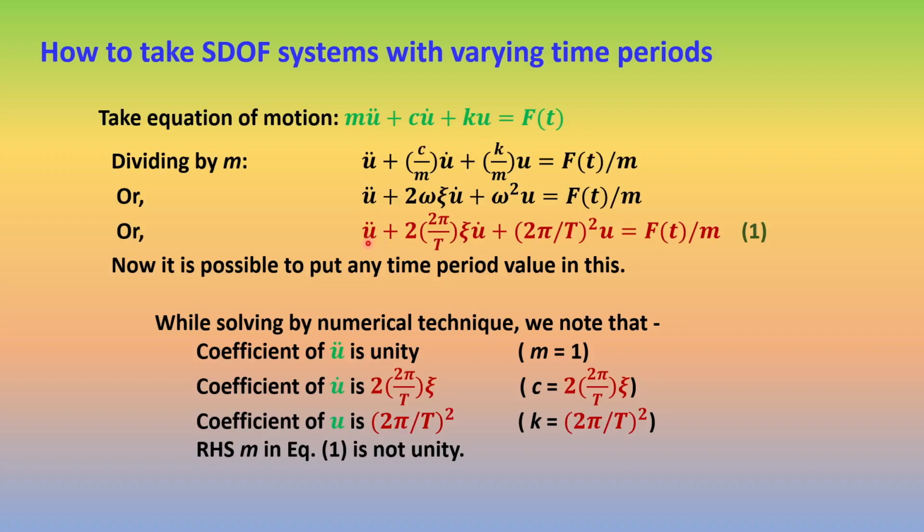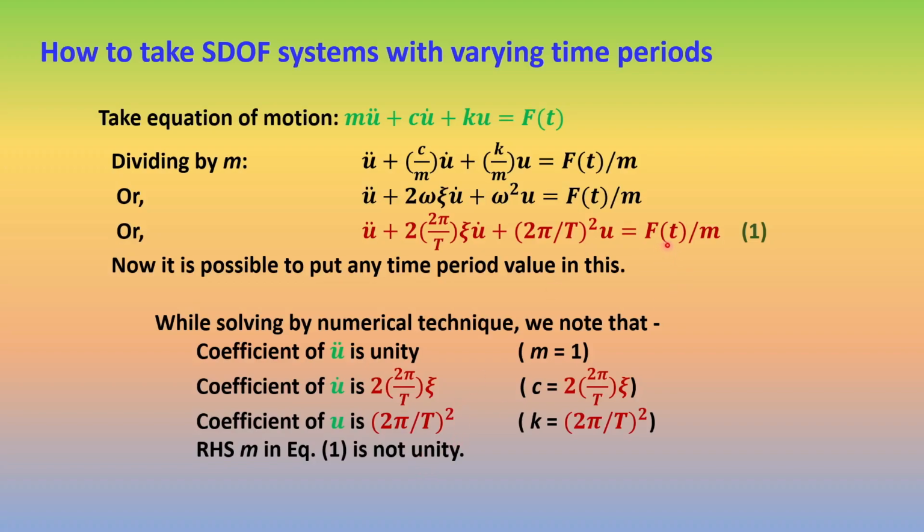The coefficient of u dot is 2 into 2 pi by T xi, which was earlier c. So in the time history analysis, wherever c is appearing, you simply substitute this parameter. Similarly, the coefficient of u is 2 pi by T whole square. Earlier it was k. So wherever k is appearing in your original time history analysis formulation, you use 2 pi by T whole square.